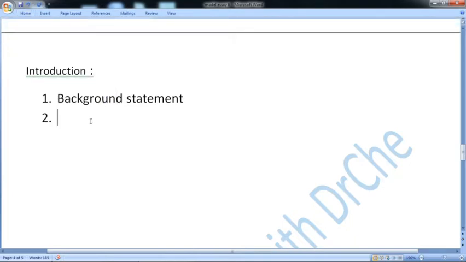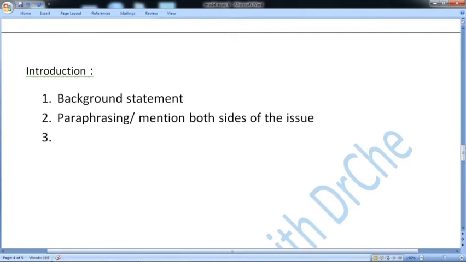Number two is paraphrasing or mention both sides of the issue, and give your own opinion also. So these are three things that you have to do in your introduction.